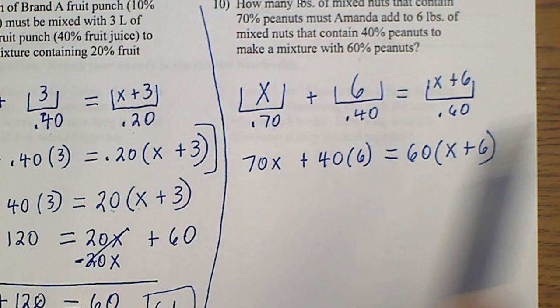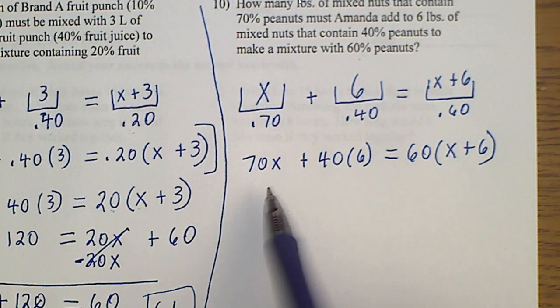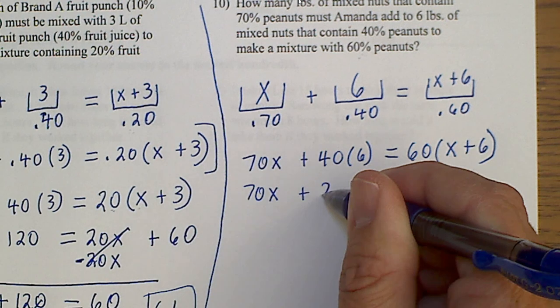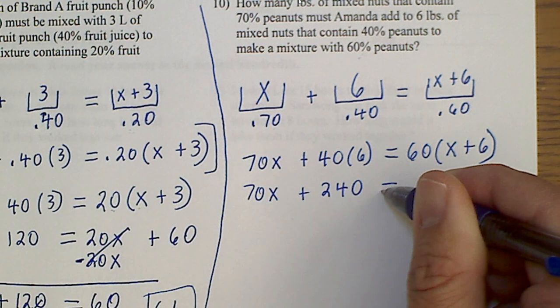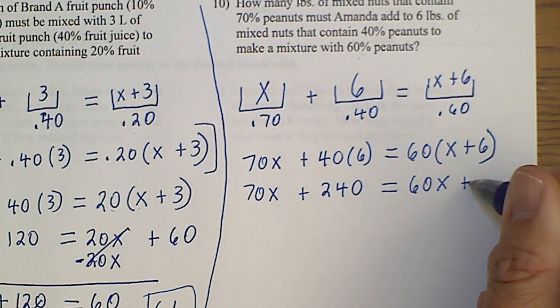But in any event, it doesn't matter because we're just going to move them back anyway. And now we're ready to solve this equation. Again, first let's clean it up a bit. We have to multiply here to get 240, and then distribute the 60 here to get 60x plus 360.